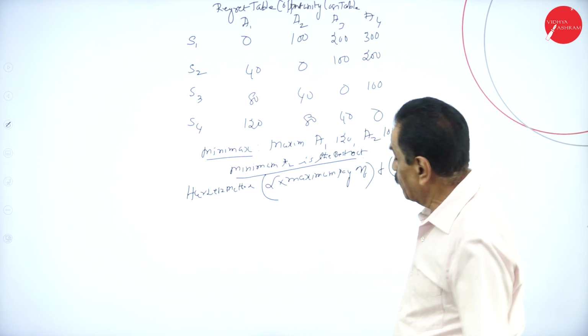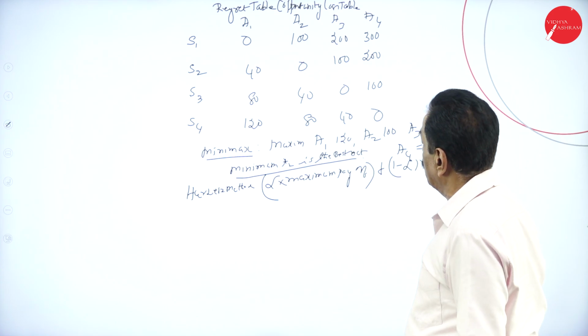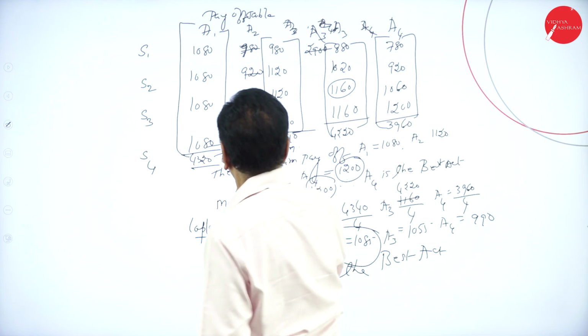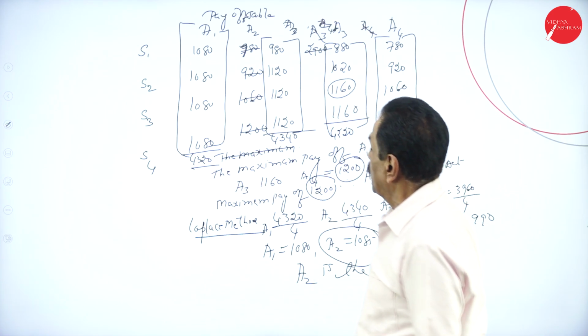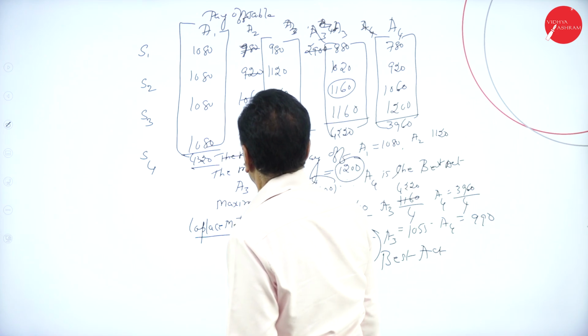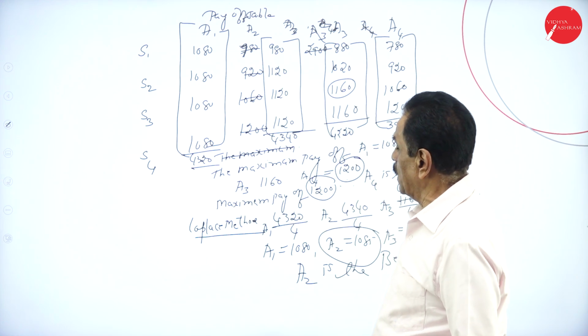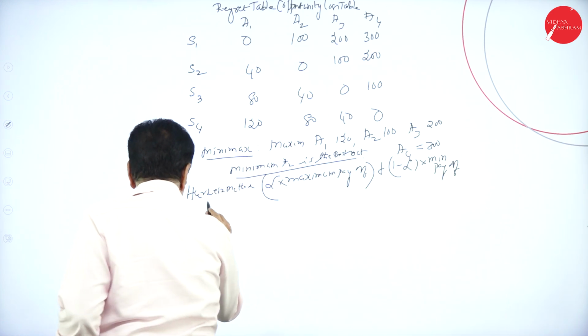A1. Alpha into maximum payoff, 1 minus alpha into minimum payoff. Here now, maximum payoff 1080. A1, we'll go with the A1.